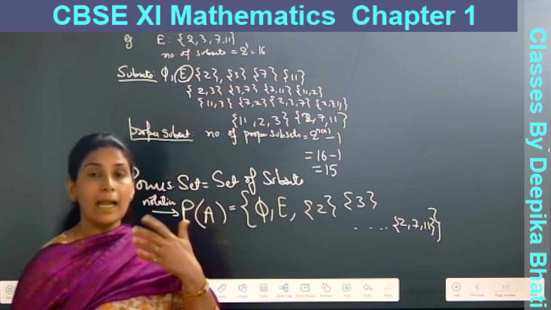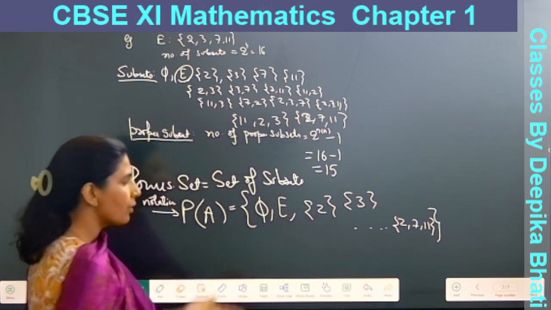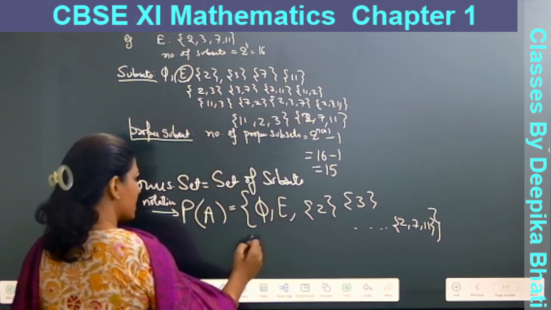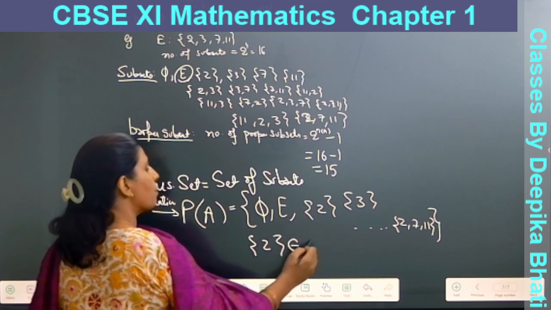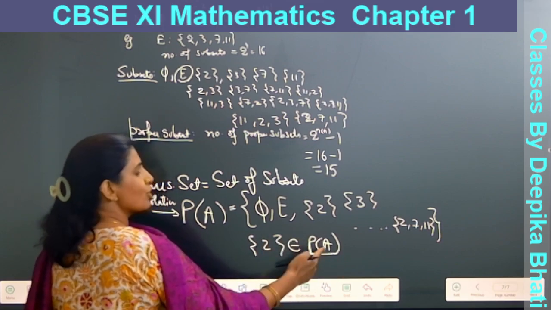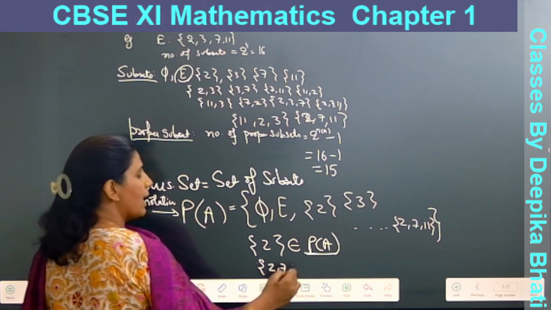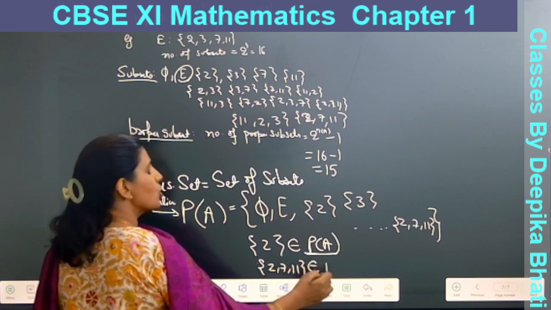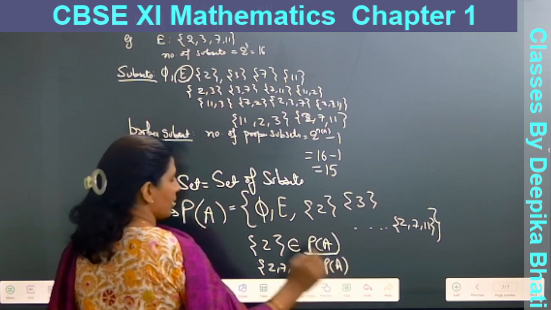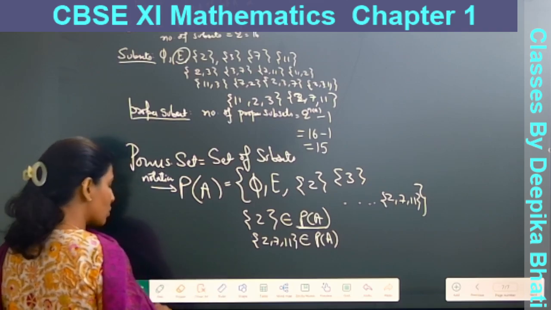That means an element of a set can be a set, because here we are looking at {2} belonging to the power set of A. So the element which belongs to this set is a set itself. Is 2 an element of the power set of A?